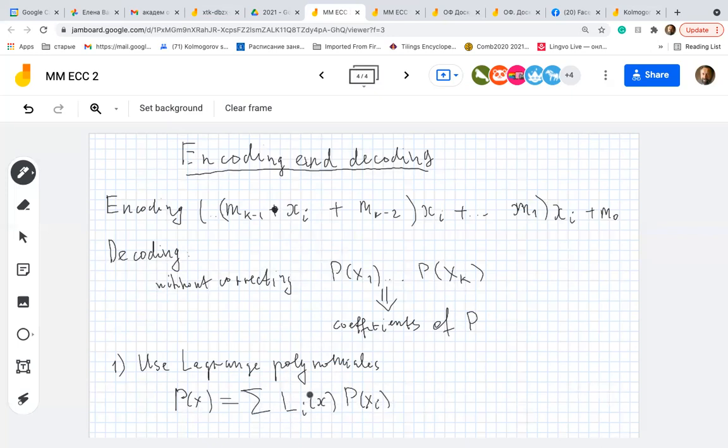And that polynomial has the following feature: L_i evaluates to 1 in the point x_i, and L_i evaluates to 0 in all the remaining points.